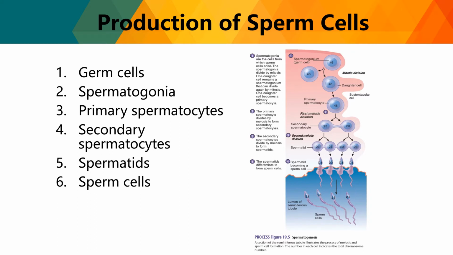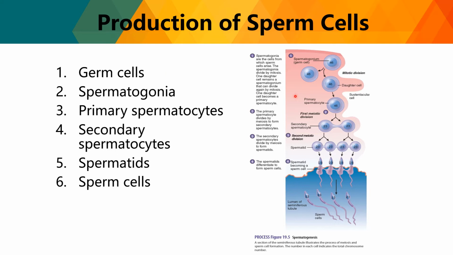So for the production of the sperm cells, again, we have spermatogenesis. From the germ cells, as we all know, these are the primitive type of cells or original cells where cells do arise from.